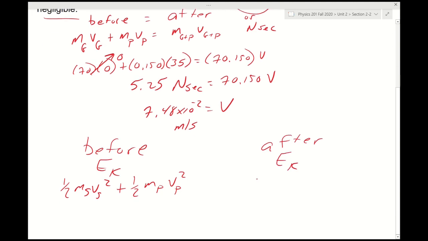In fact, the only way that you know that a collision is elastic is you're either going to be specifically told or you would have to determine that kinetic energy was not lost.